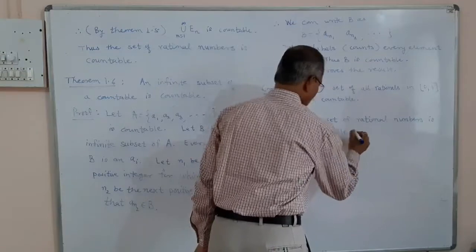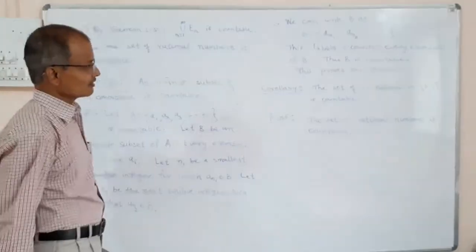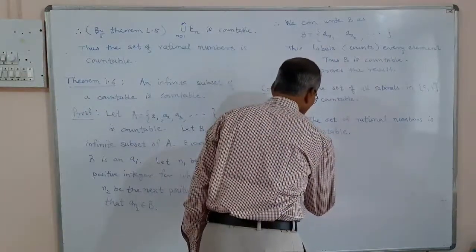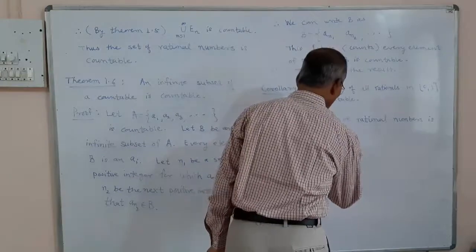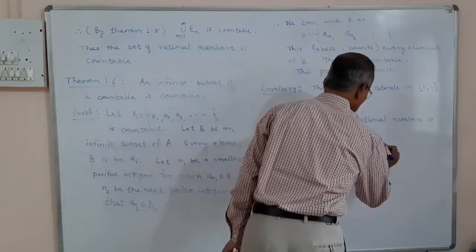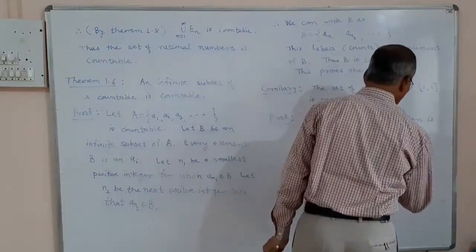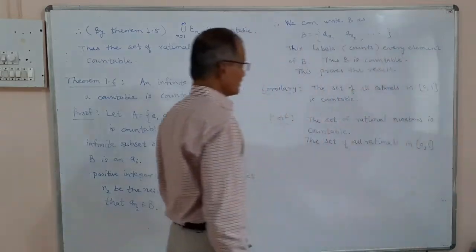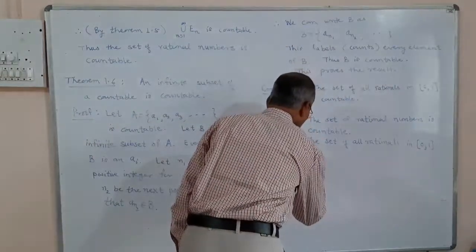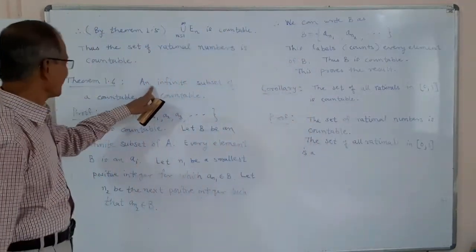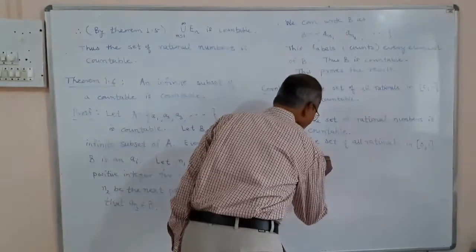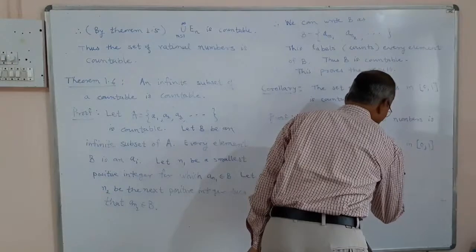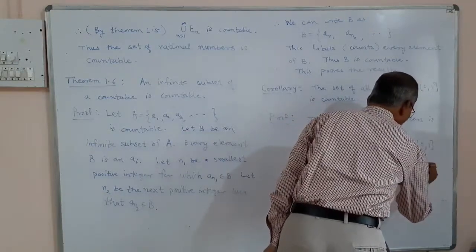The set of rationals in the interval 0 to 1 is an infinite subset of this countable set, the set of rational numbers, and therefore it is countable.